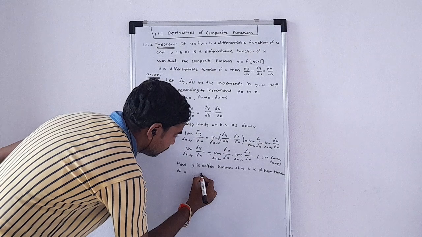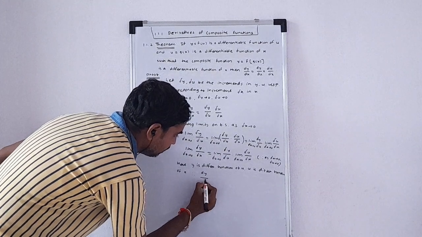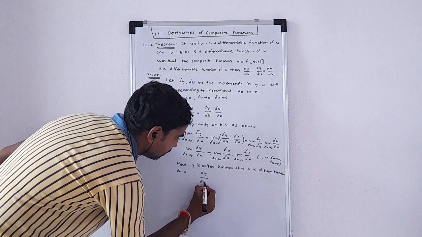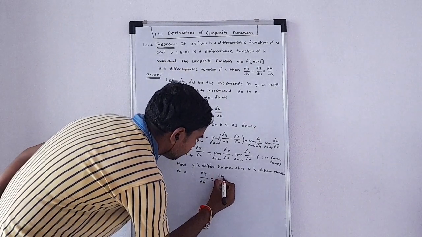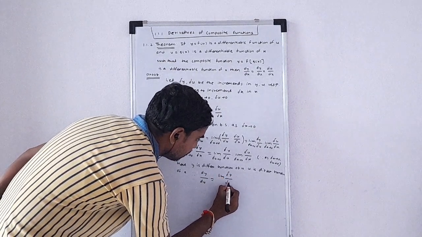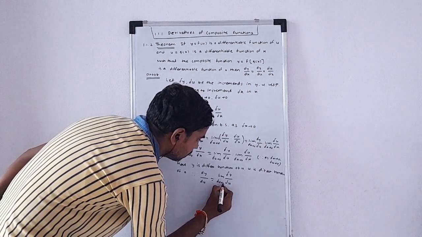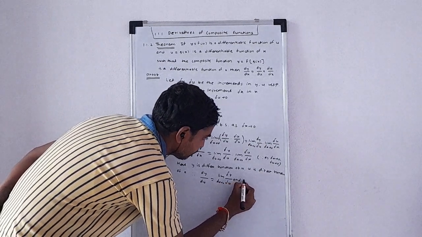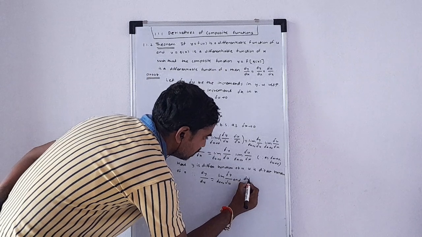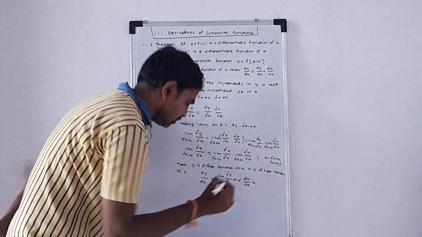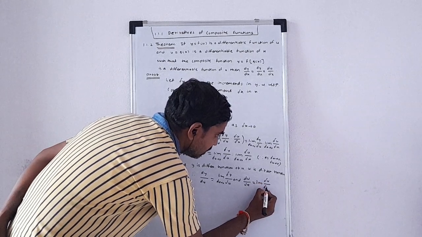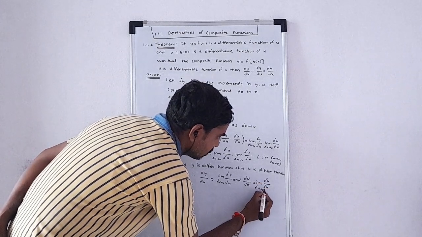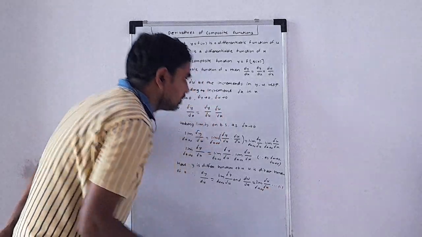Therefore, by using Leibniz notation, dy by du equal to limit of delta y by delta u as delta u tends to 0, and the next derivative du by dx is equal to limit of delta u by delta x as delta x tends to 0. We can write this as equation 1.